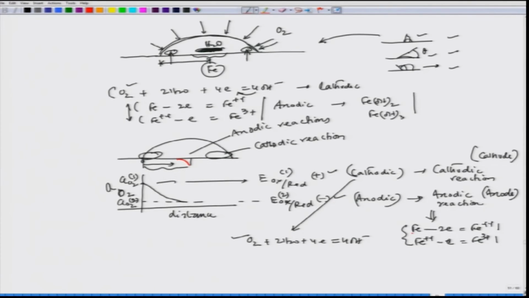So, the iron is dissolving preferentially in the center part, because the center part becomes my anode, and those iron ions will combine with the OH minus that is forming in this particular reaction, and they will form a deposit around this zone. So, these are my deposits of ferric hydroxide or ferrous hydroxide.